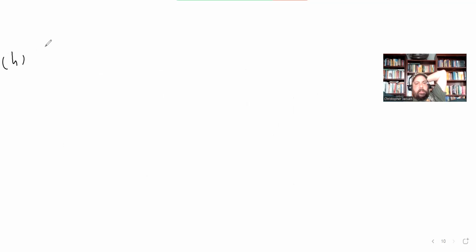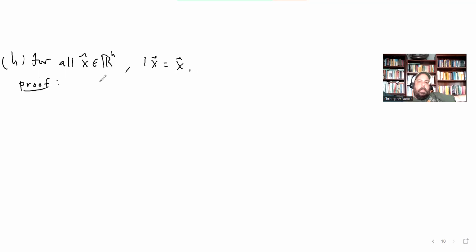And then letter H says for all x in Rn, 1 times x equals x. So there's a kind of multiplicative identity for scalar multiplication. So 1 times x is equal to 1 times x1, all the way down to 1 times xn.